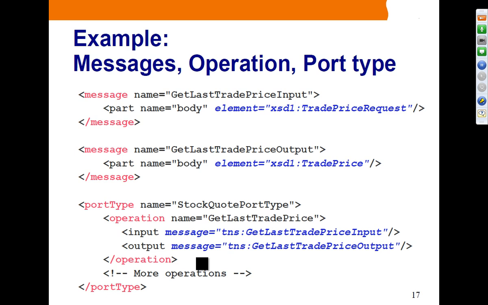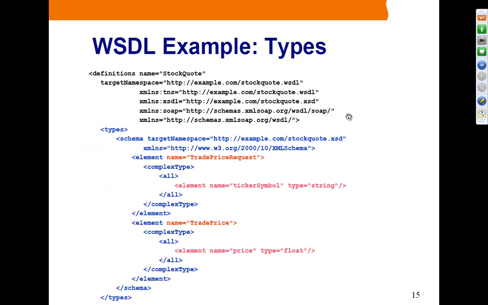We have defined two messages. The first message is called get last trade price input, and it contains a part, and that part is of the type trade price request, which is coming from here.